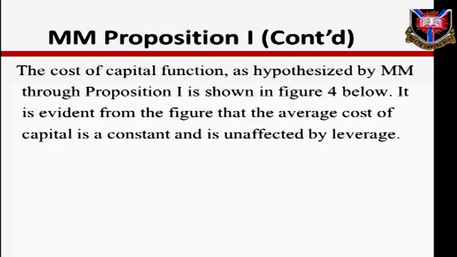The cost of capital function, as hypothesized by MM through Proposition 1, is shown in figure 4 below. It is evident that the average cost of capital is a constant and is unaffected by leverage.